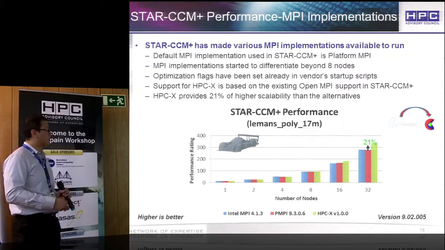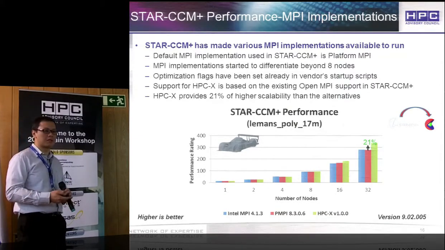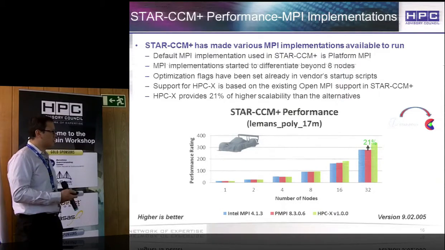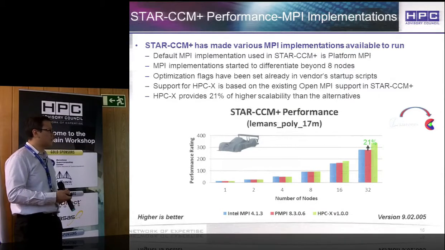The default MPI implementation used for STAR-CCM is Platform, which is usually a pretty good MPI to use. It's pretty stable. But what we have found is that by using something called HPCX, which is based on the OpenMPI package, we're able to get much better performance.